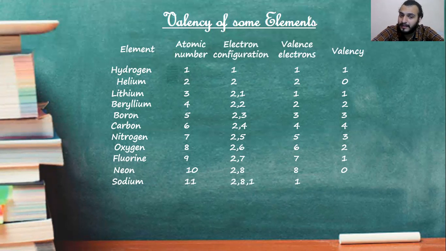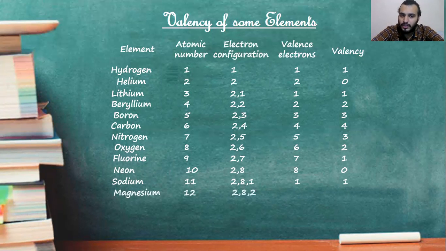Either to complete its octet, it can gain 7 electrons, or simply by donating one electron, sodium can become stable. So over here, sodium donates 1 electron and becomes stable, because after donating 1 electron, the electronic configuration will be 2, 8. So the outermost shell has completed its octet, and by that method, sodium becomes stable, that is by donating electrons.